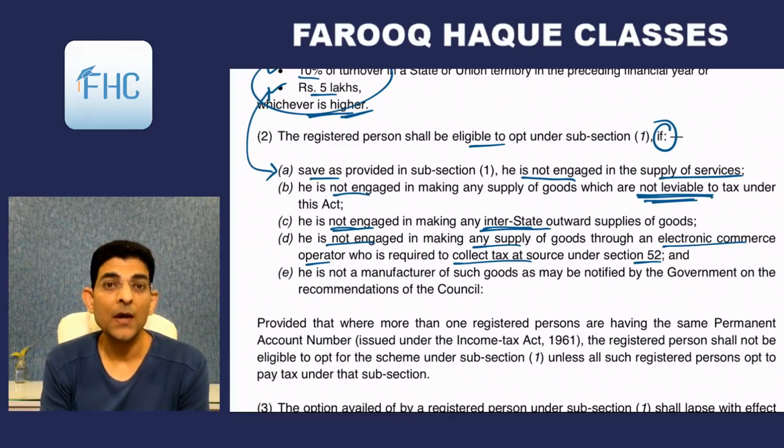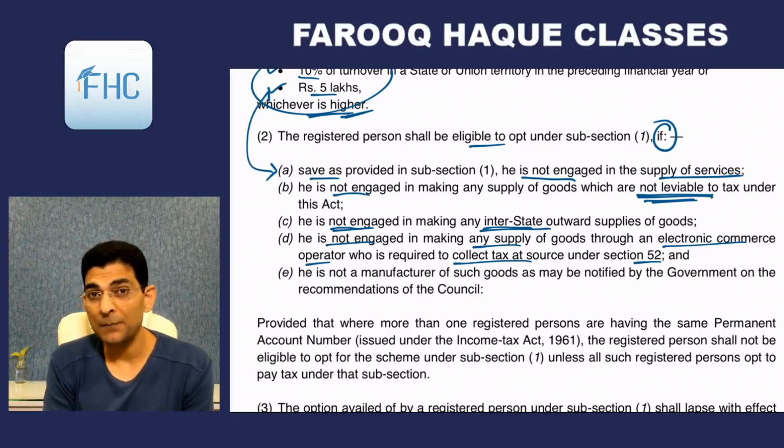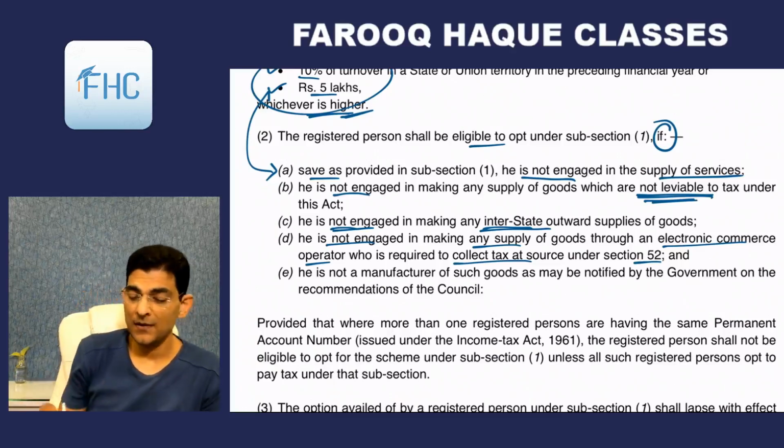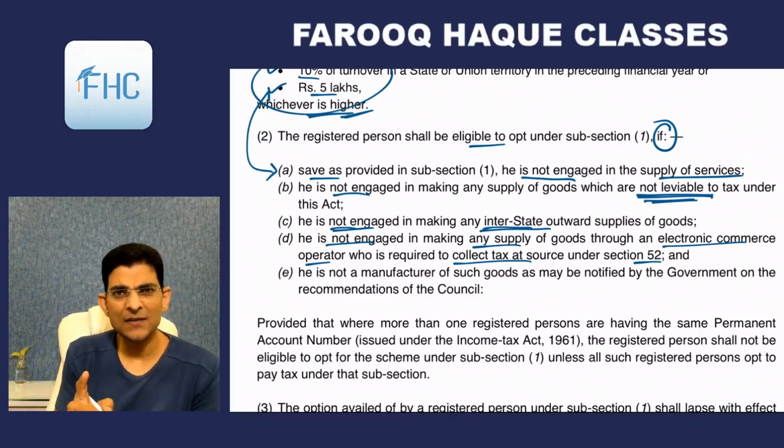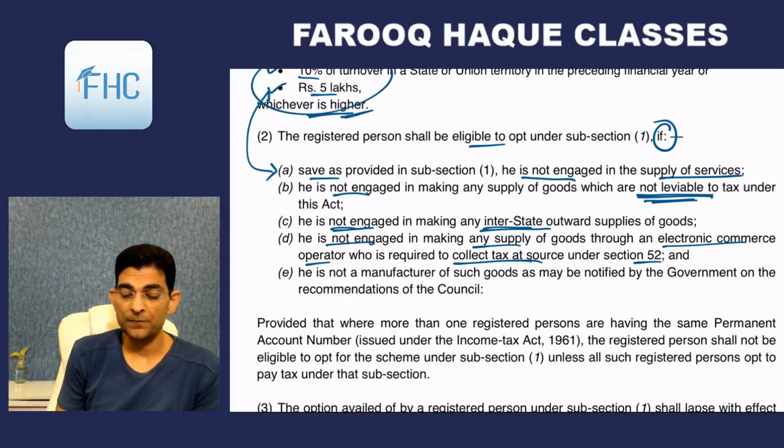We are talking about goods, and some of the goods are covered under section 52. The electronic commerce operator has to collect tax at source. So in that case we cannot come under composition scheme, because when TCS applies, then full rate applies and not concessional rate. TCS, I mean to say, not TDS. It's TCS, collection of tax at source.